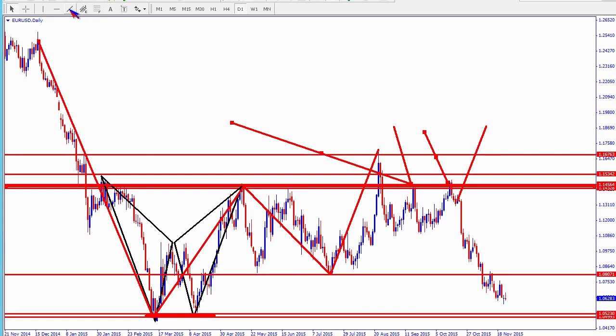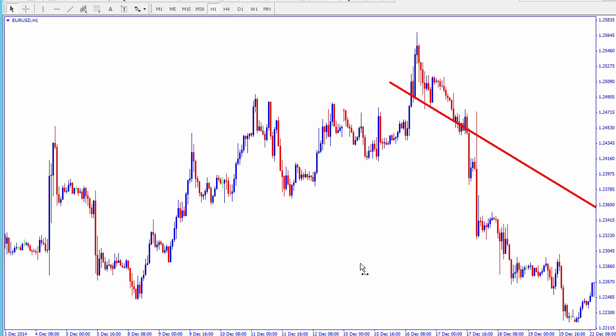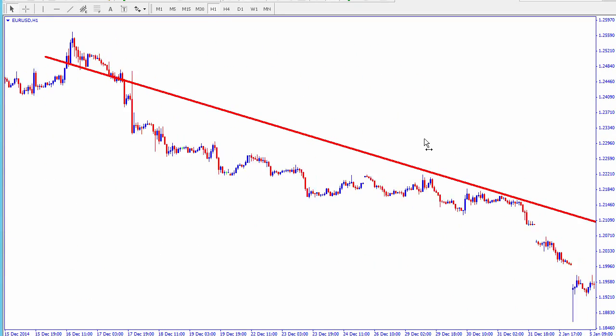If we were to look here and here, and here, if we were just to take this data and stretch it across, you can see that on the way back up, it became important resistance again. So swing highs and swing lows become really, really, really important when you're trading.